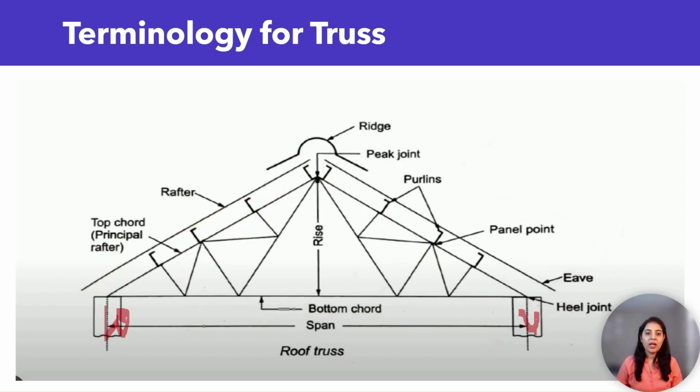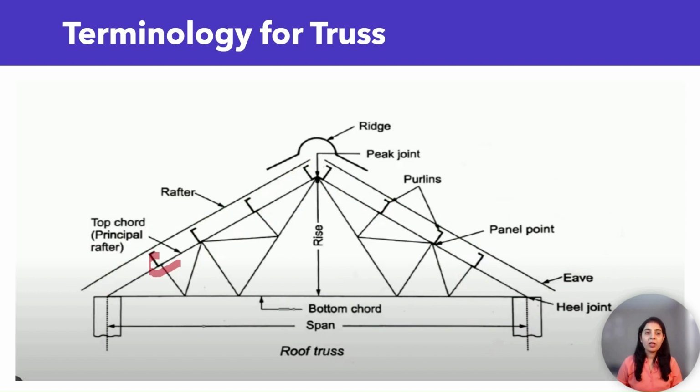So what is rise? Rise is the distance between the bottom chord and the peak point. What is slope? Slope is the ratio of rise to half of the span. Purlins are here.